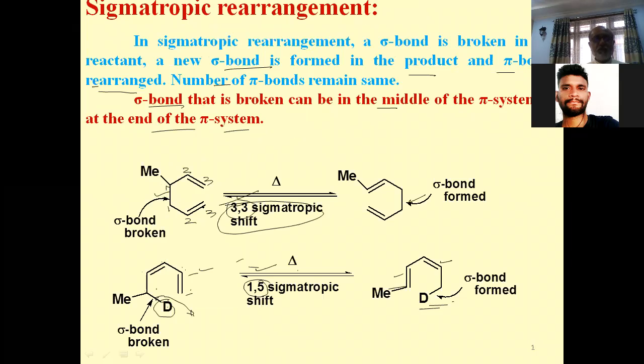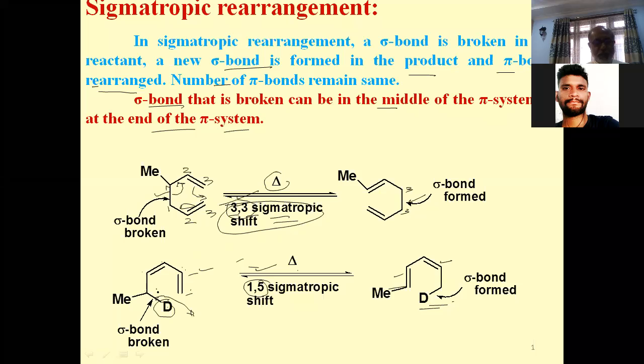As it is broken, this shifting happens and we get this. The reaction happens here, so we call it 3-3 sigmatropic shift. That means where the bond is formed, this is 3, this is 3, so that is going to be the number.